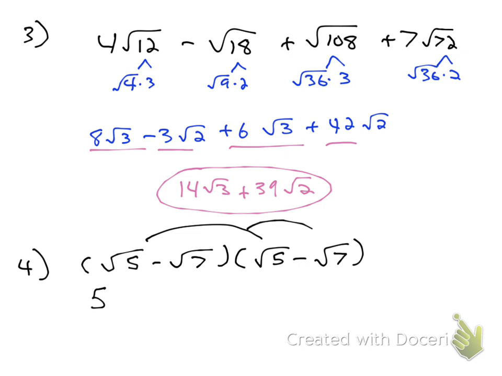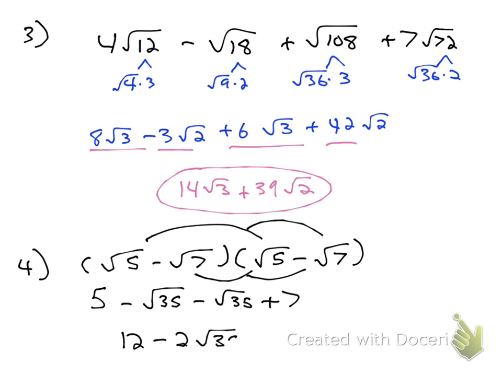Outer, negative square root of 35. Inner, minus square root of 35. Last, plus 7. So that would be 12 minus 2 square root of 35.